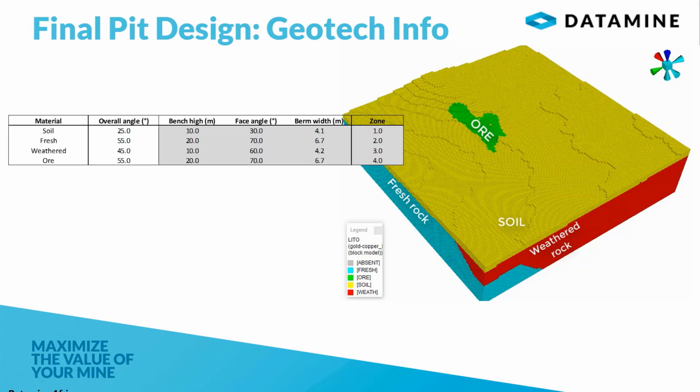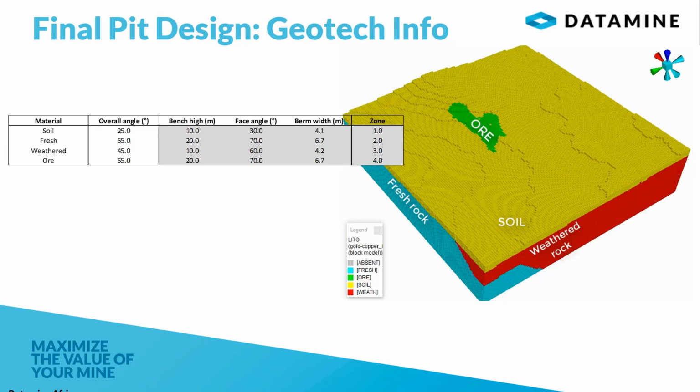You can see that fresh rock and ore are the strongest rocks, so we have a steeper angle compared to soil, which is relatively loose material.